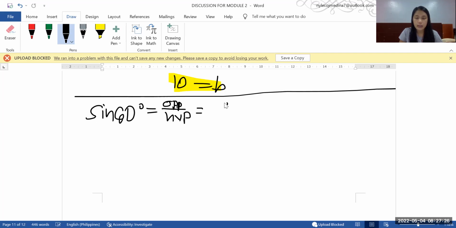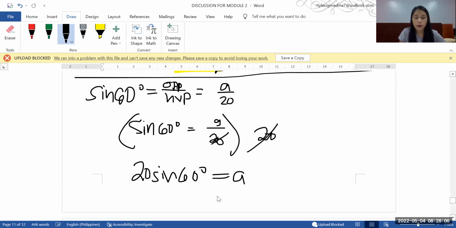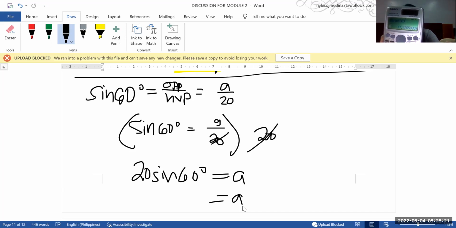The opposite is A, and the hypotenuse is 20. We multiply both sides by 20 to cancel the denominator, so 20 sine 60 is equal to A. Using a calculator, 20 sine 60 is equal to 10 square root of 3, or 17.32.